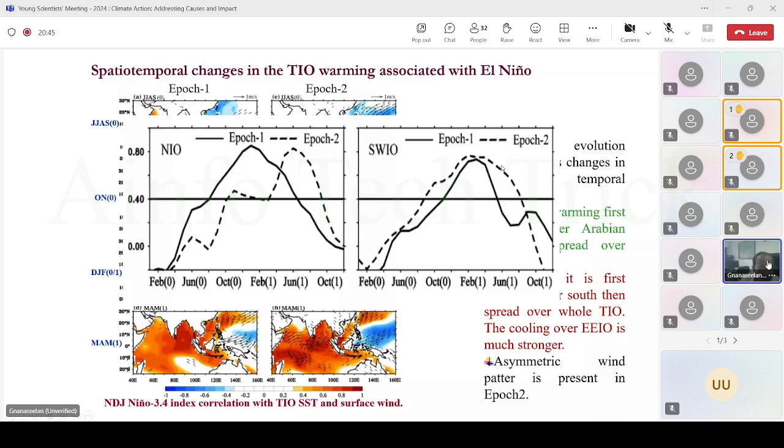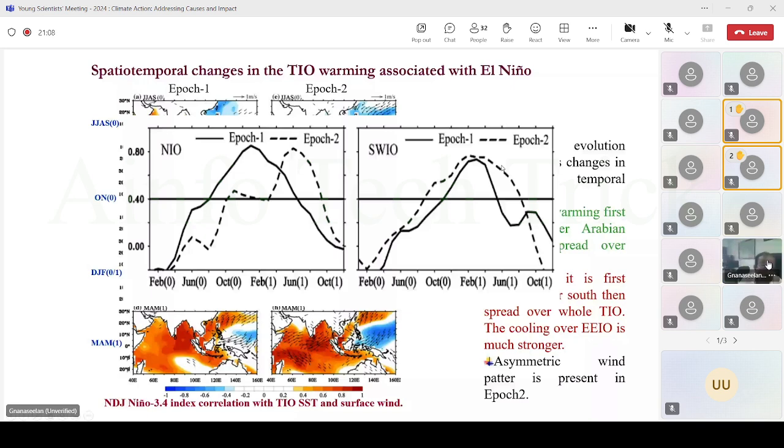If you look at these ENSO teleconnections, say when the tropical Pacific warms, there is an anomalous cyclonic circulation as a Gill's response. These circulations intensify the trade winds over this region because they are easterlies.